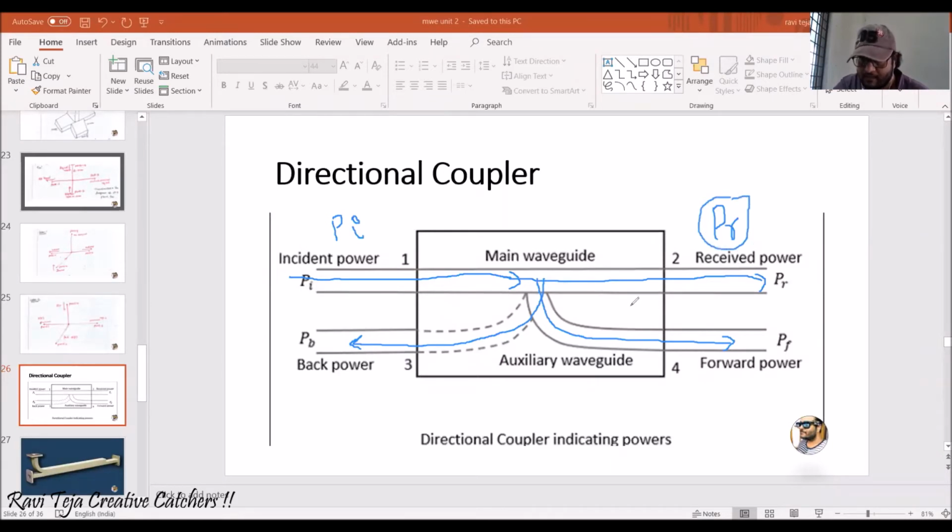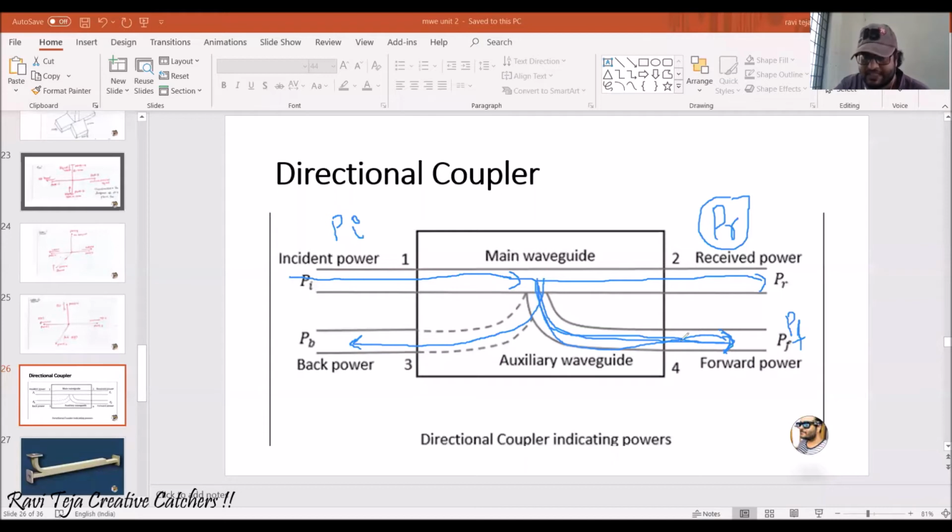Some part of the energy will take a diversion and come to port 4. That port is considered as PF, forwarded power. So the signal that travels straight is the received power, and the diverted signal is considered our forwarded power.